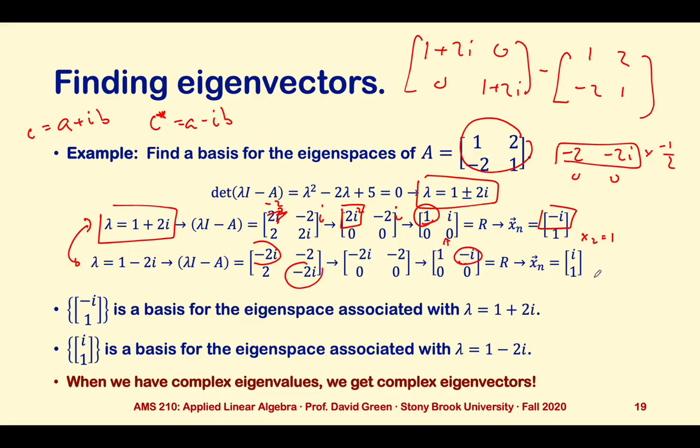When we end up with this in form, we find our solution exactly the same way. We set our free variable. Pivot was in the first column, free variable is the second, set that equal to 1, and then negate the appropriate entry to get our pivot value of i.